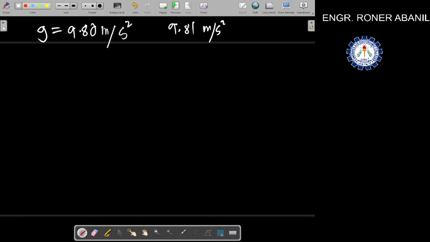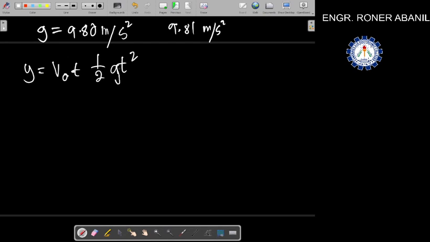So, dito, pwede natin gamitin yung formula na yung x palitan ko na ng y, base doon sa figure. Magiging y is equal to initial velocity multiply by time plus 1/2 a t square. Okay? So, yung acceleration natin dito pwede natin gawing g.